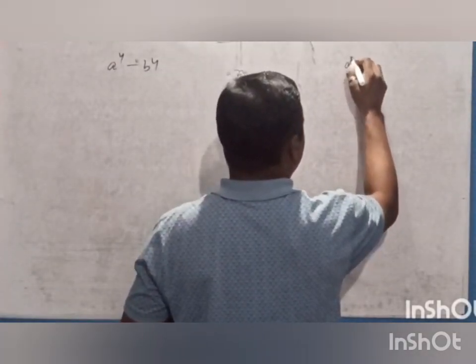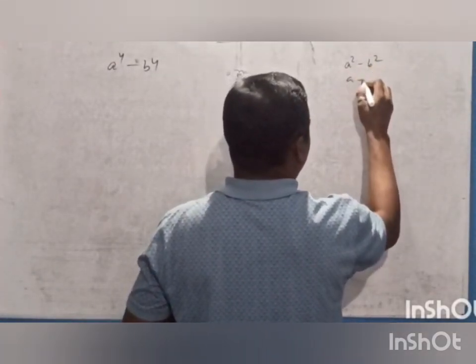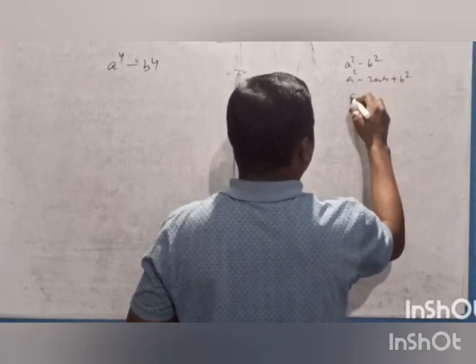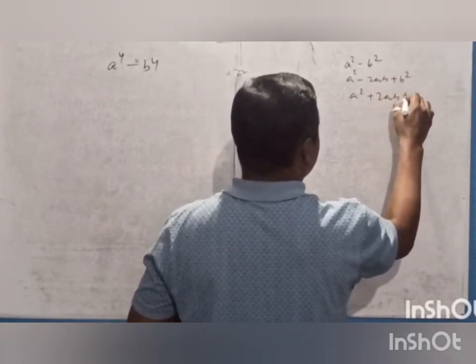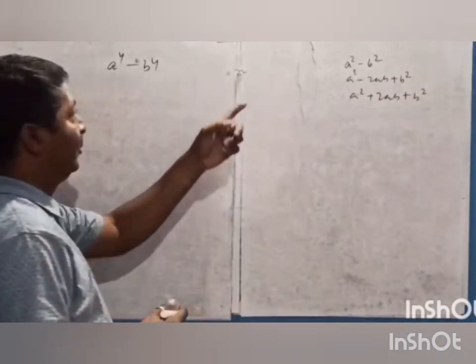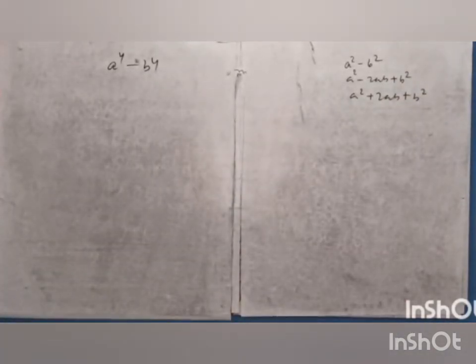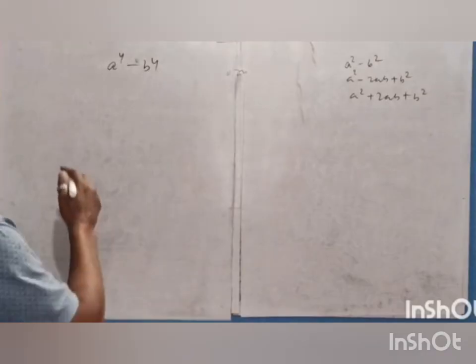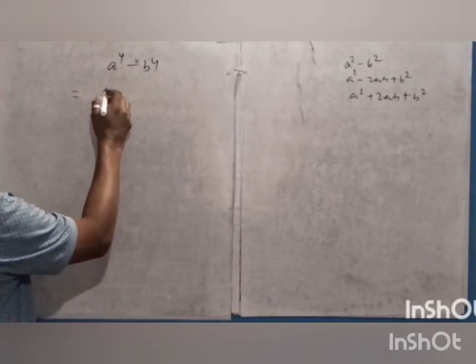Two terms are there: a square minus b square, a square minus 2ab plus b square, a square plus 2ab plus b square. So, in which form does it fit? From the first one, definitely there are two terms only. So let's do it with the first one.